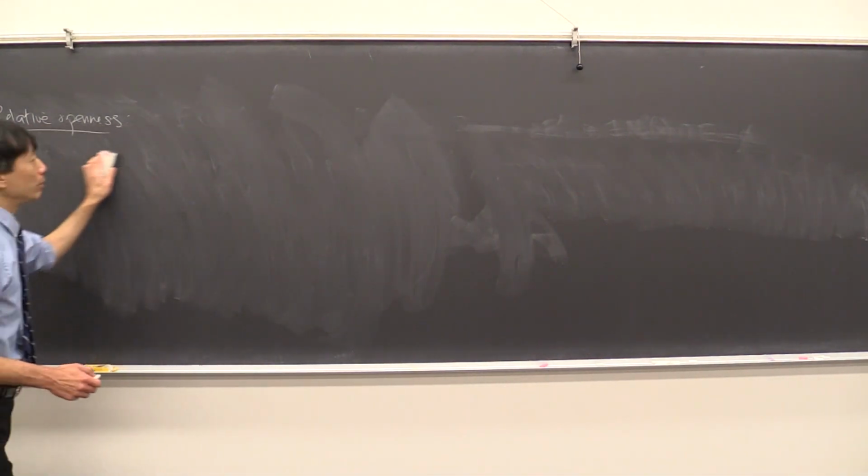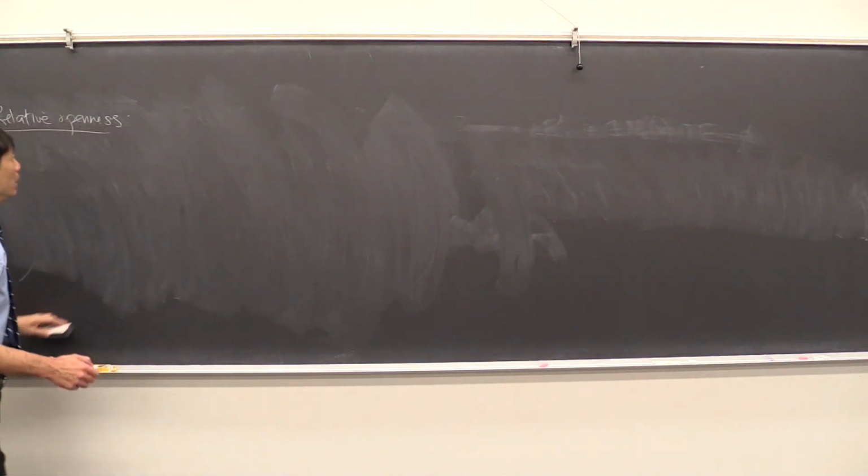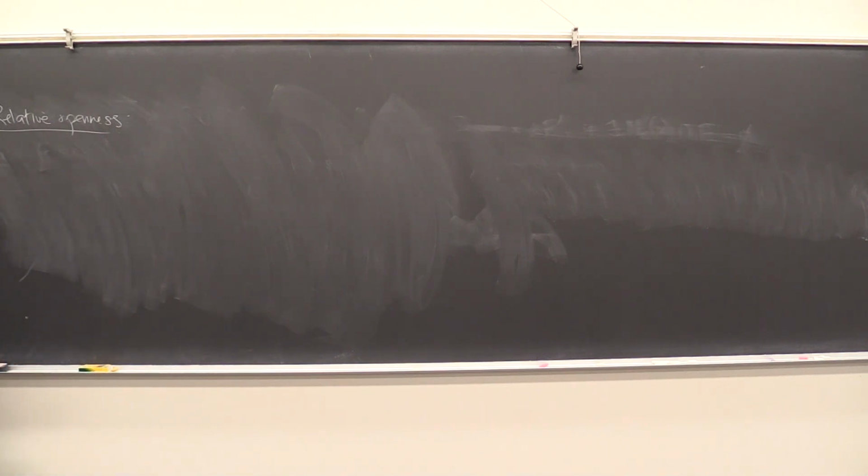What we'll see is that the things we worry about that force us to talk about relative openness, we don't have to worry about in the case of compact sets. So let me show you what I mean by that.